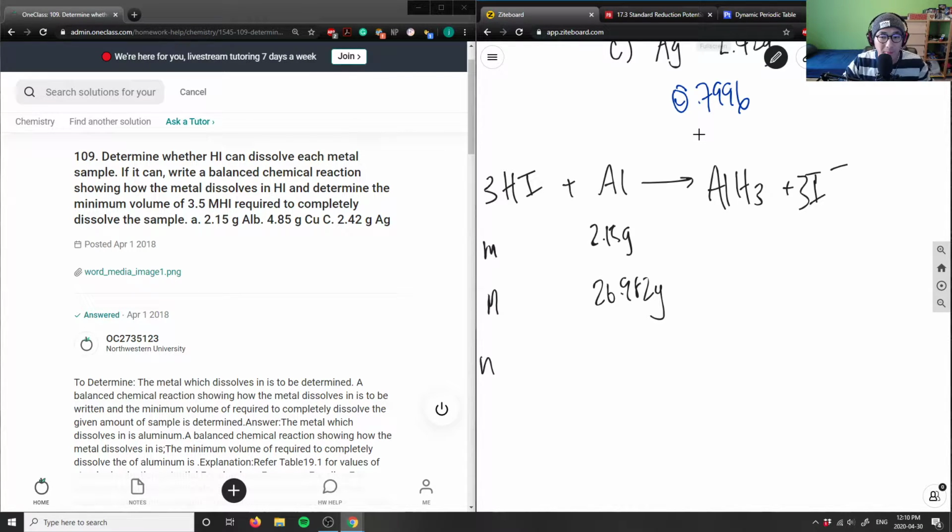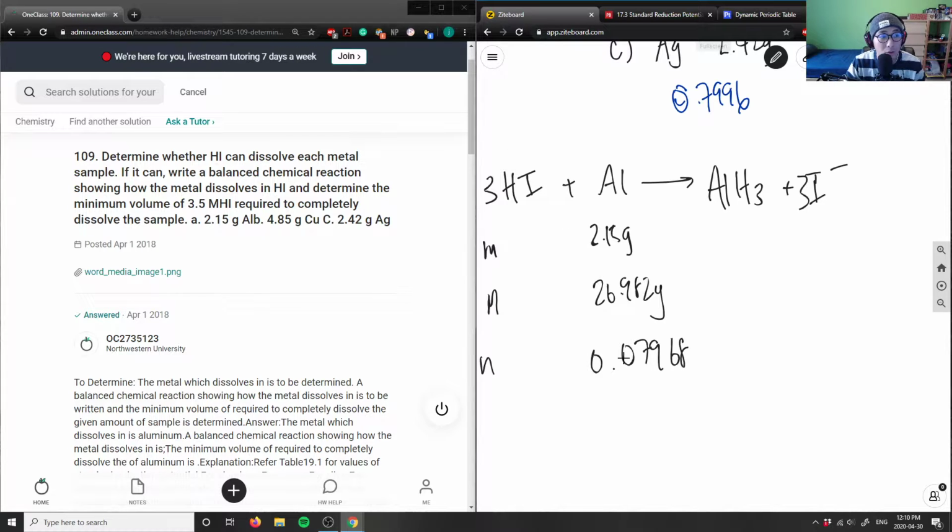My moles is simply my mass divided by my molar mass. This is 2.15 divided by 26.982. This would give me a value of 0.07968 moles. And basically what I want to do, by the balanced chemical equation, is that the coefficient for HI here is 3, right?